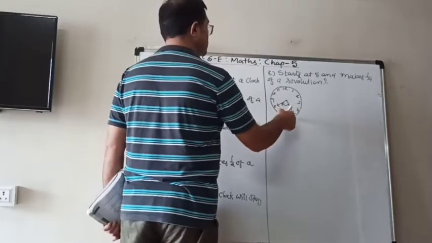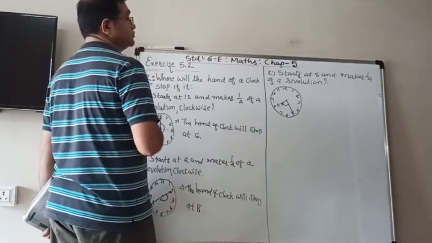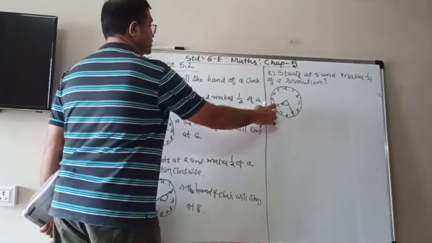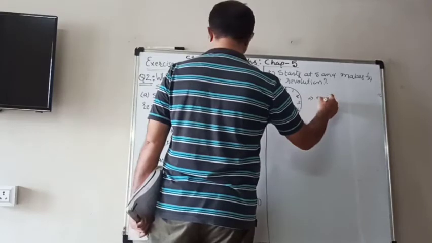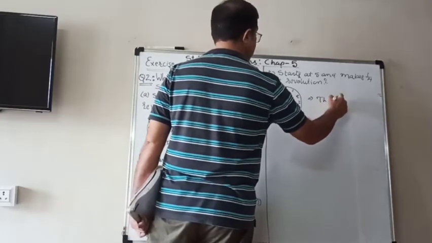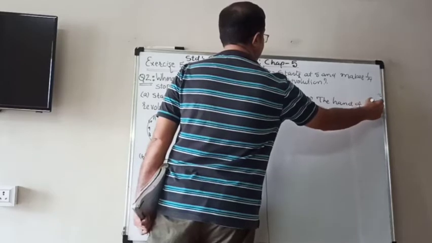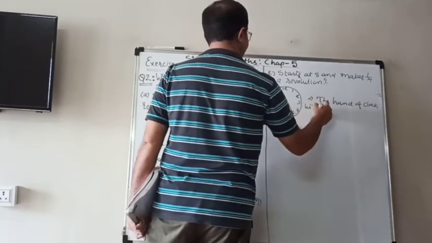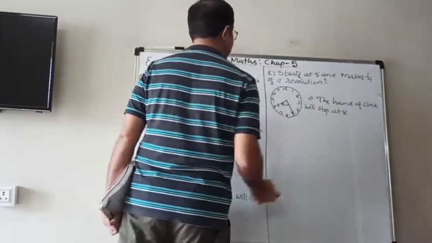Then from 5 it will move till 8. So your answer is that it will stop at the 8. So the hand of clock will stop at 8.